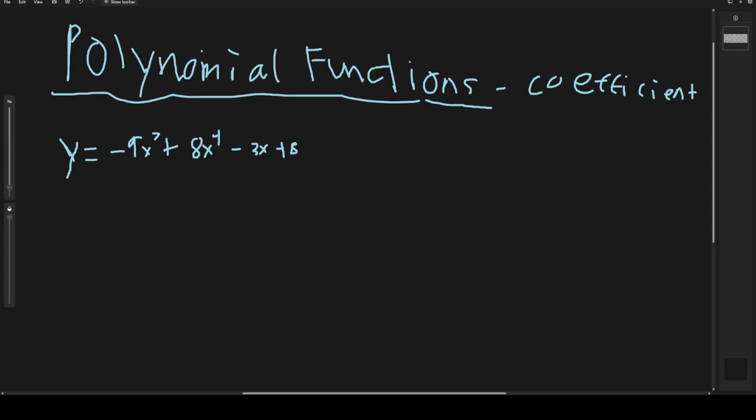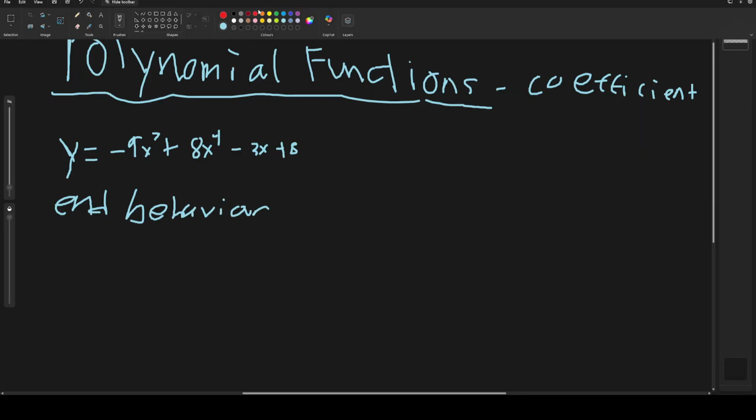If we're given this polynomial function and we want to know the end behavior of it, so we're trying to find the end behavior and also generally how it's going to look, because the end behavior kind of tells us how it's going to look.